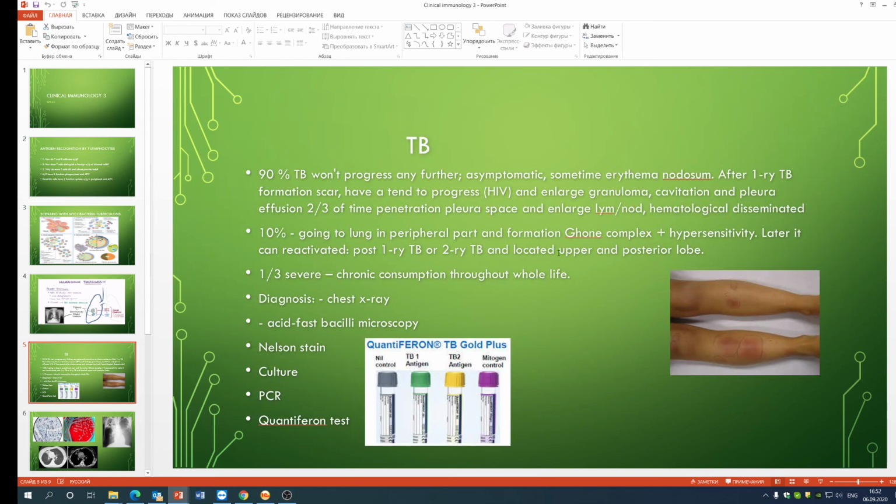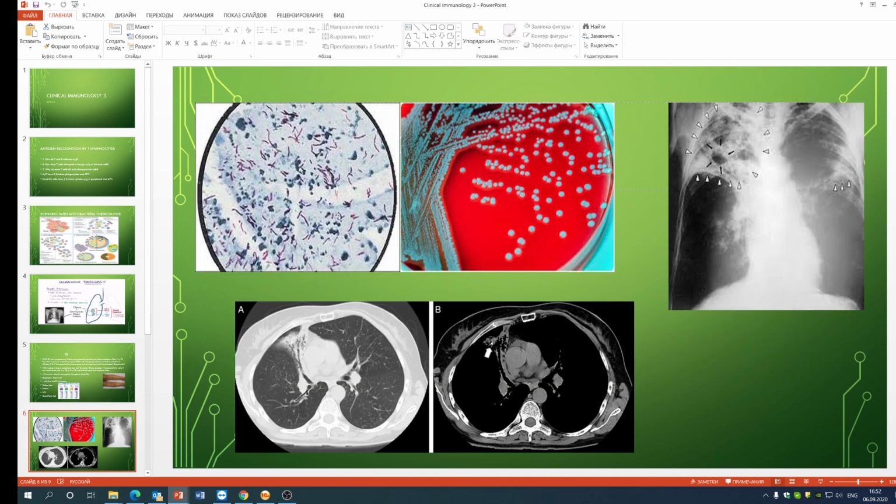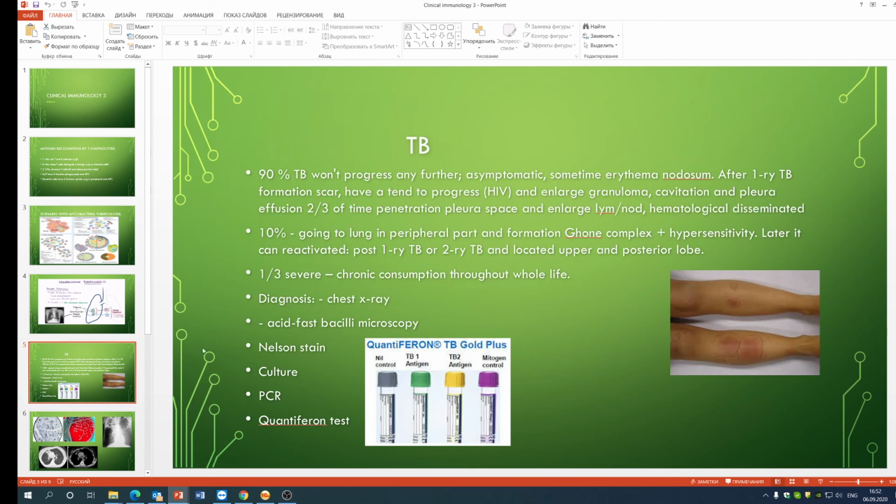Diagnostic tests: chest X-ray, acid-fast bacilli microscopy, culture test, as in this picture. Next, Ziehl-Neelsen stain, PCR reaction, but this is very expensive, and the QuantiFERON test.